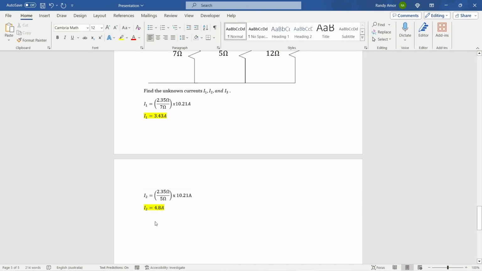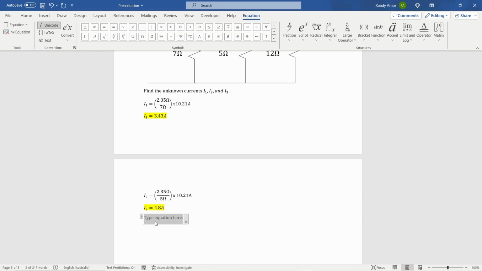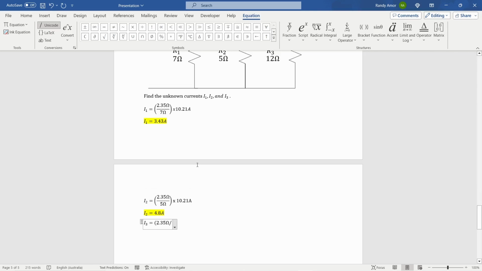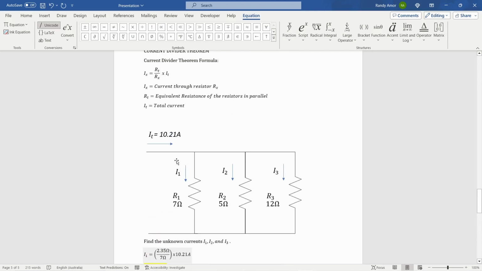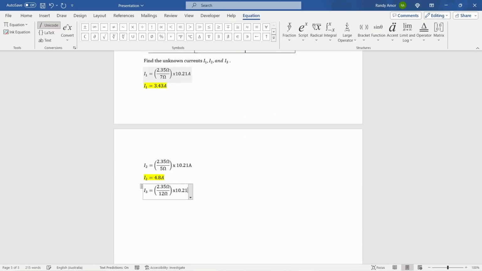And then finally for our I3, it will be RT, which is 2.35 ohms again, divided by Rx, which is R3, 12 ohms, times IT, which is 10.21 amperes.